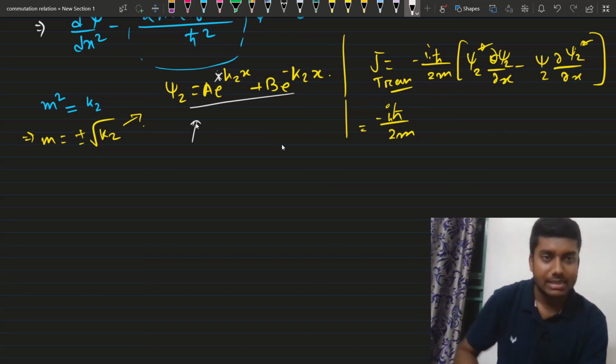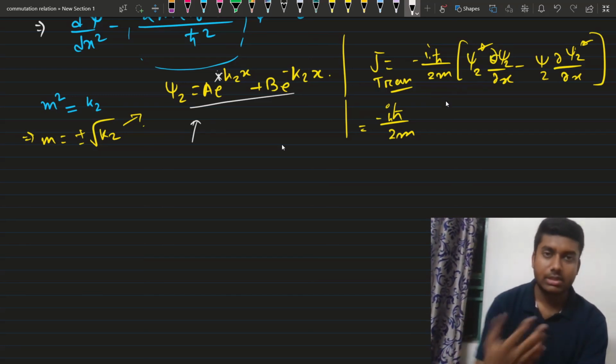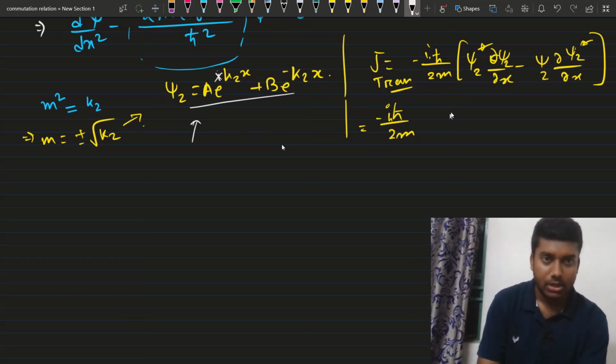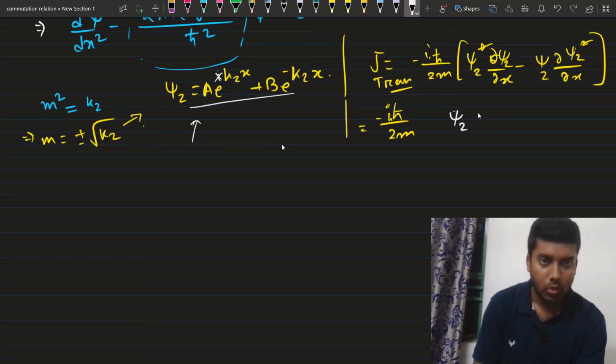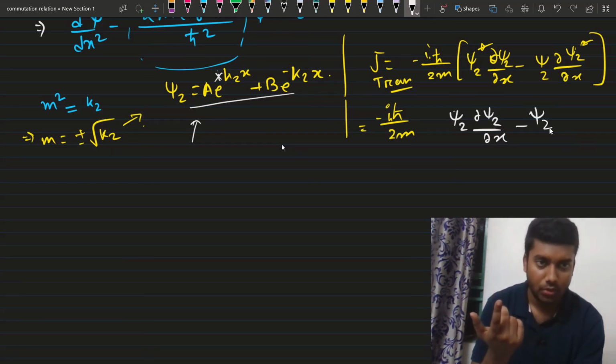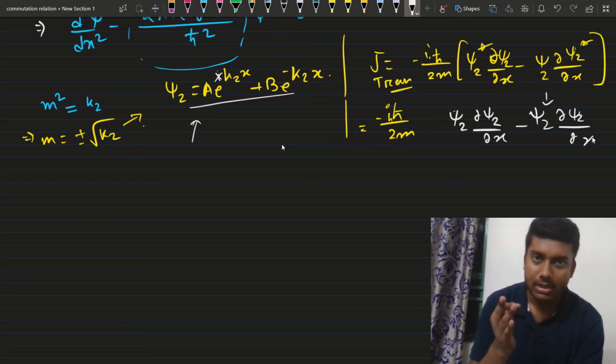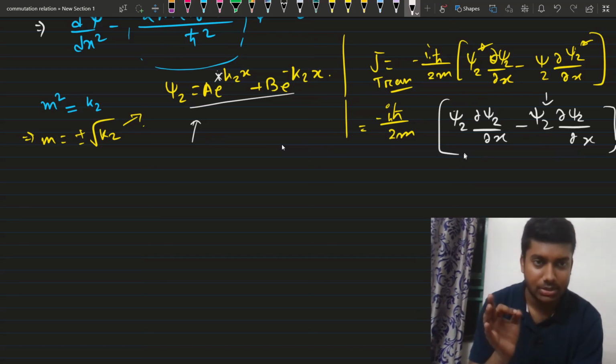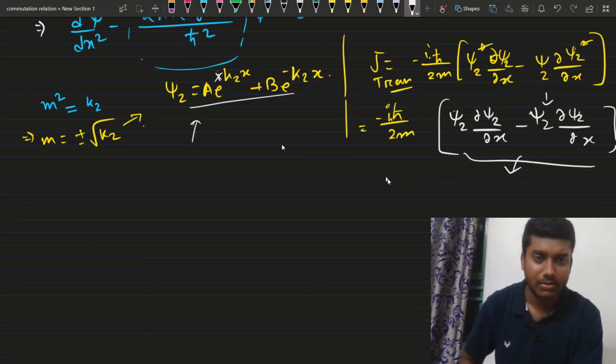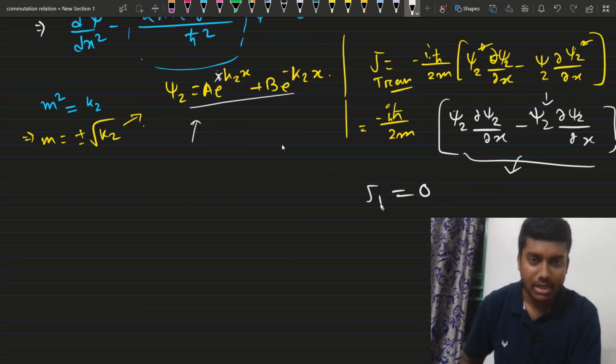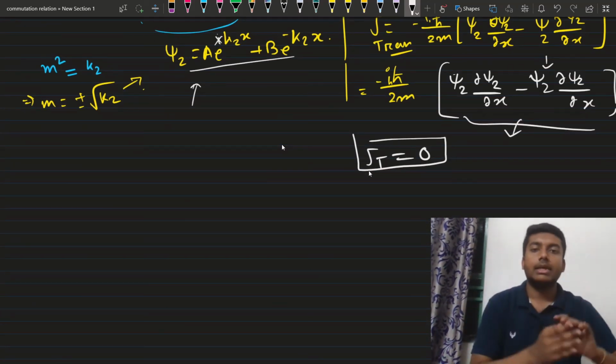As this is a real number, psi2 star will be equal to psi2. So this will be psi2 del psi2 del x minus psi2 del psi2 del x. You can easily understand that this total term will vanish and be equal to 0. So j transmittance is equal to 0 for this case.